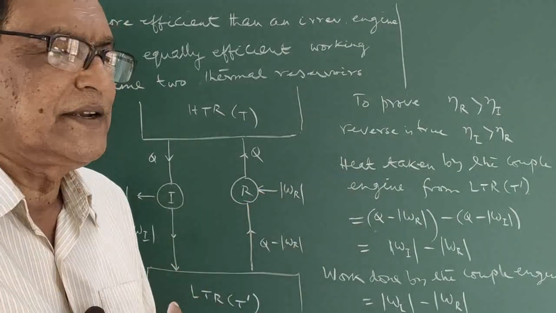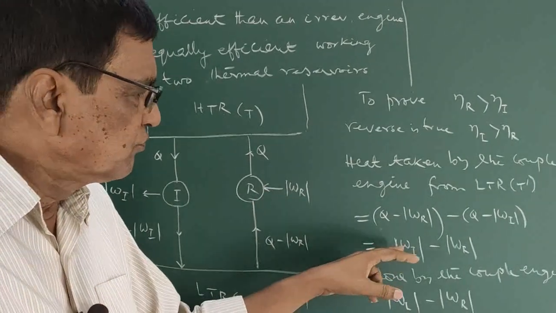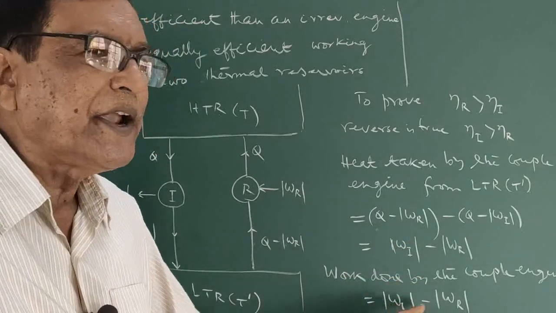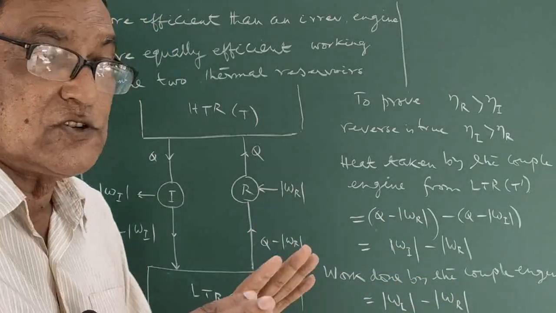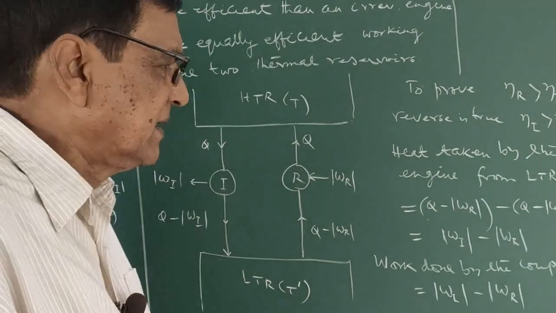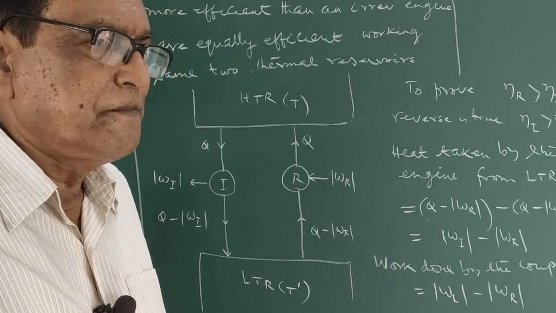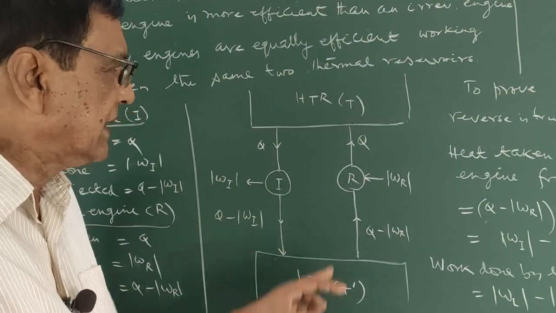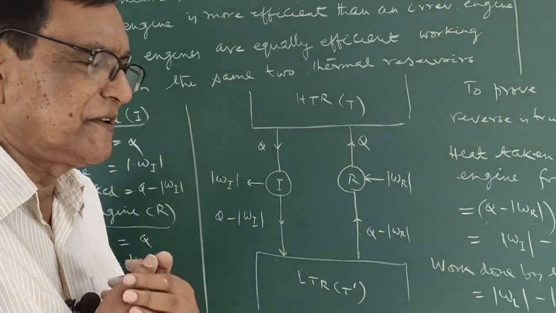It means that the heat is completely converted into mechanical work. This is not possible from this PK statement. Not only that, the heat is taken by one reservoir only, and this reservoir has no function.